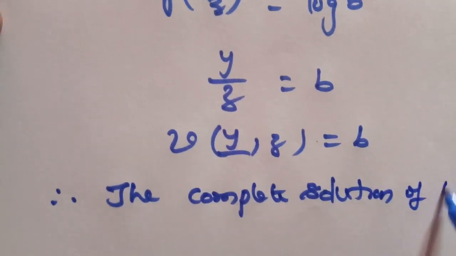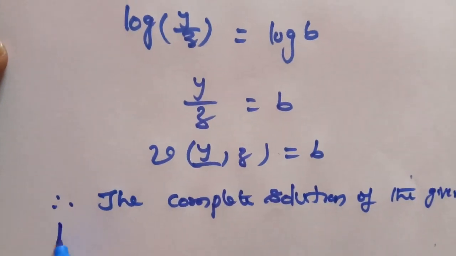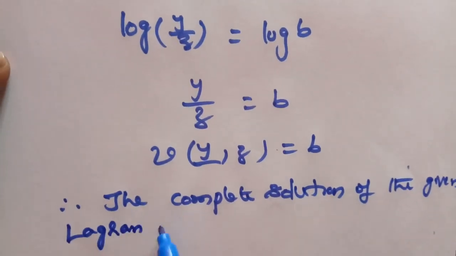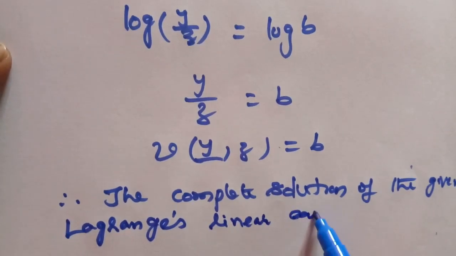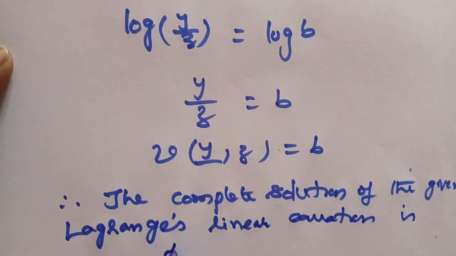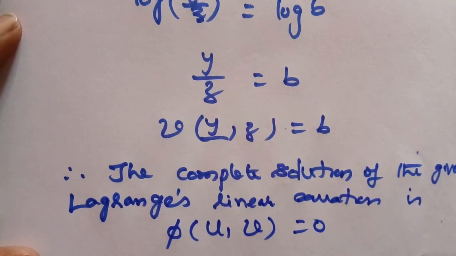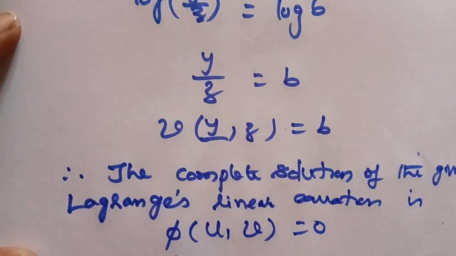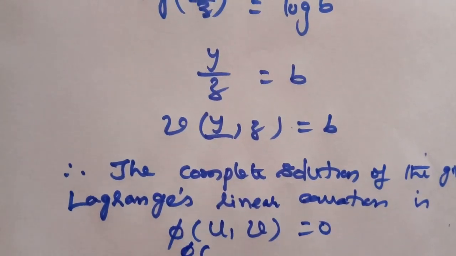Therefore the complete solution of the given Lagrange's linear equation is phi of u comma v equal to 0. Therefore phi of u comma v equal to 0 means phi of u. What is u?